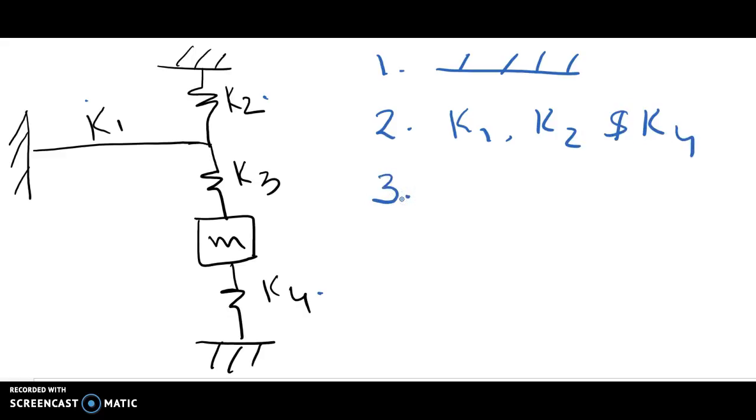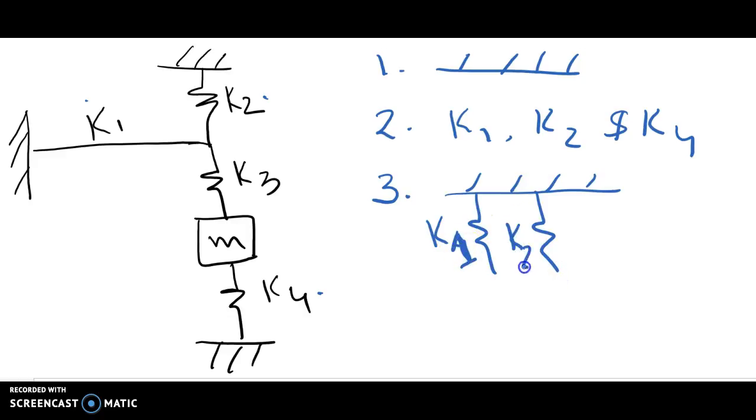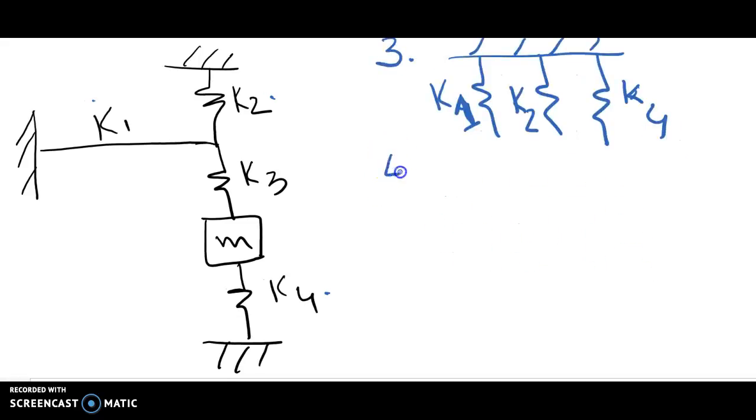Next step would be draw all the springs that are connected to the ground. So we connect the spring K1. Sorry, it should be K1, K2 and K4 connected to the ground. In step 4, see what is attached to the other end of the spring.